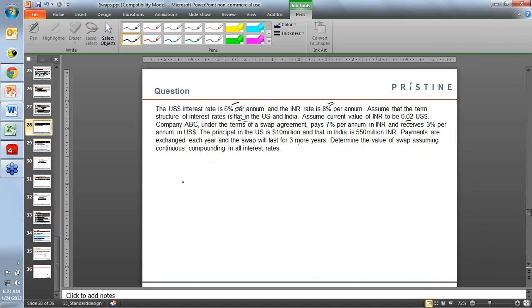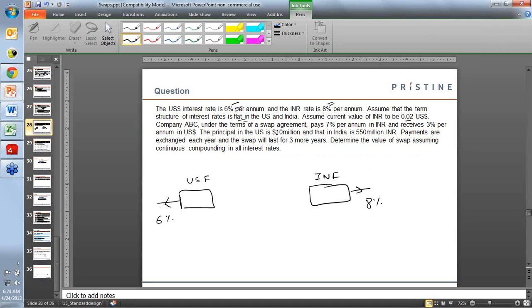So what is happening is, say there's a US firm and there's an Indian firm. The US firm can take a loan in the US at a rate of 6%. The Indian firm can take a loan in India at a rate of 8%.